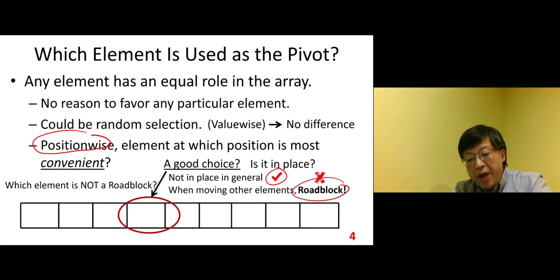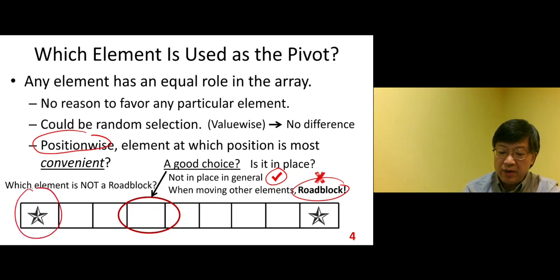Which element is not a roadblock? Is there some special elements in the array? When we move elements around, we won't have that roadblock thing, right?